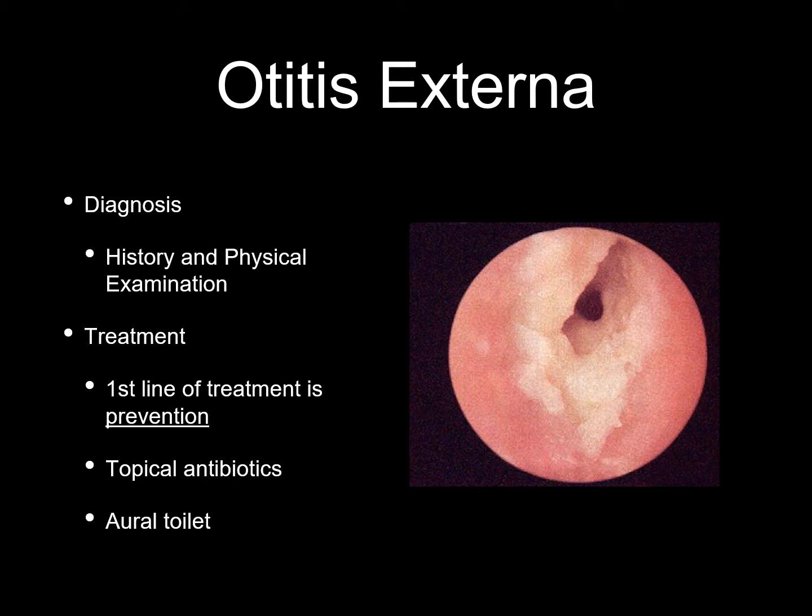The first line of treatment is prevention. You have to avoid water from entering the ear canal and avoid manual manipulation of the external auditory canal. The treatment of choice is topical antibiotics and aural toilet. Aural toilet means cleaning the ear canal and removing the debris.